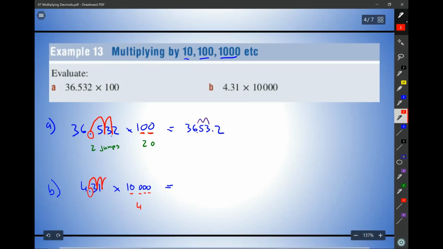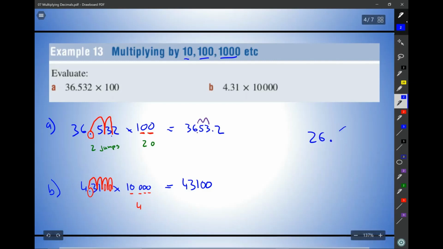So every time we jump over a number that's not there, we fill in a 0. And now we've done 4 jumps. So our answer now is 43100.